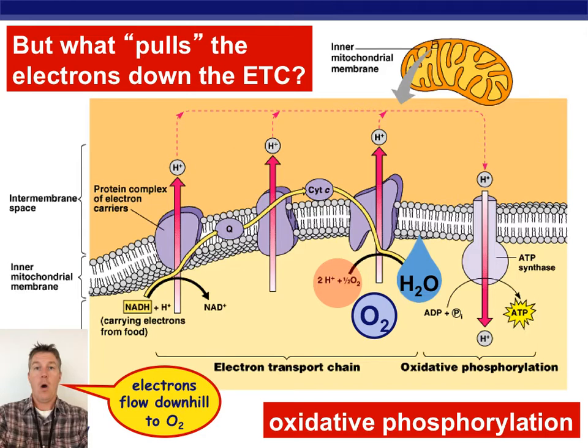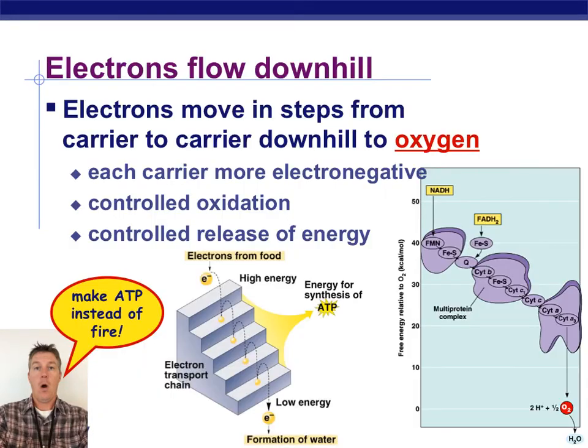The oxidative phosphorylation occurs when the hydrogens are falling down their concentration gradient through ATP synthase, so they are going to harvest that energy to make ATP. So as a further little explanation of this concept of electrons flowing downhill, they move in steps from carrier to carrier along the mitochondrial membrane.